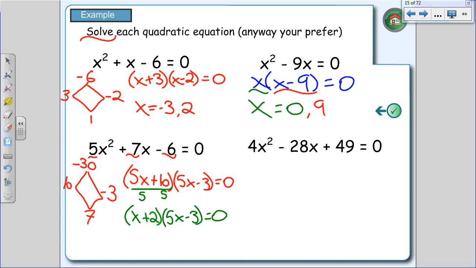The actual solution is the things that would make those equal 0. So the first binomial, to make that first one 0, would be x equals negative 2. The second one would be 3 over 5.